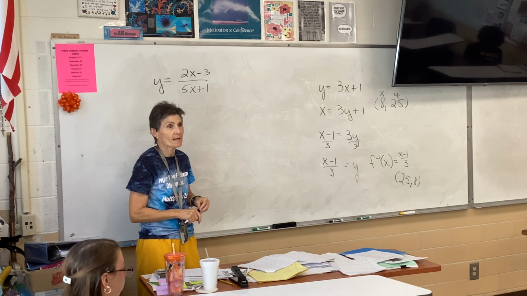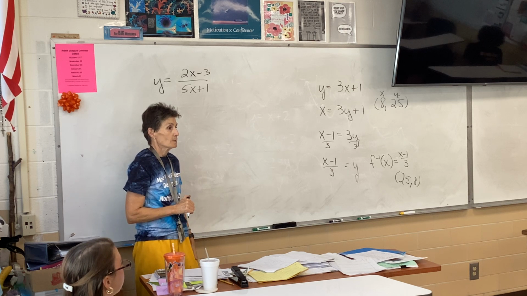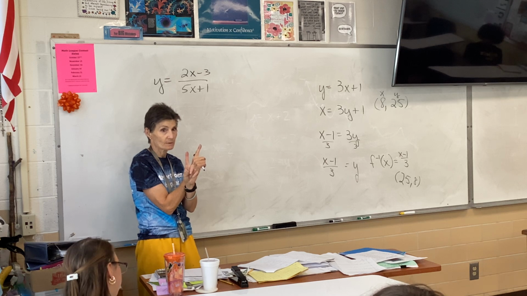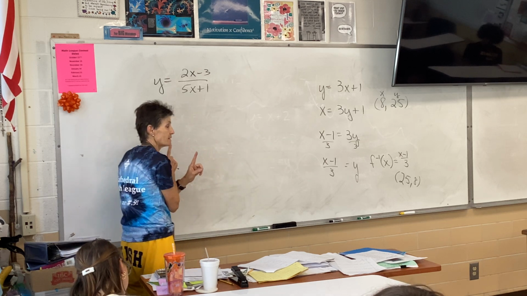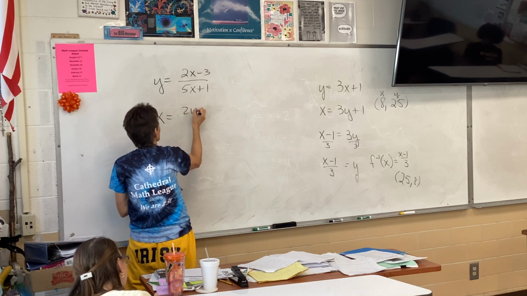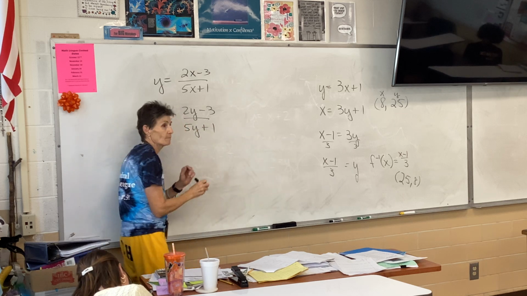What's the first thing I need to do? Switch my variables. Yeah. Okay, you might want to write these steps down if you're having a hard time remembering. So x equals 2y minus 3 over 5y plus 1.